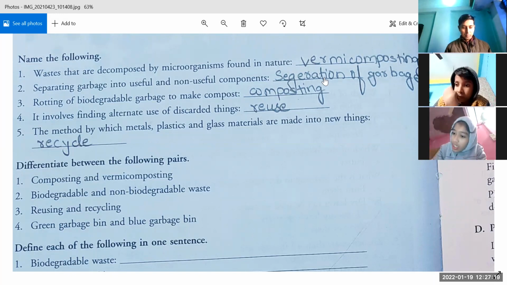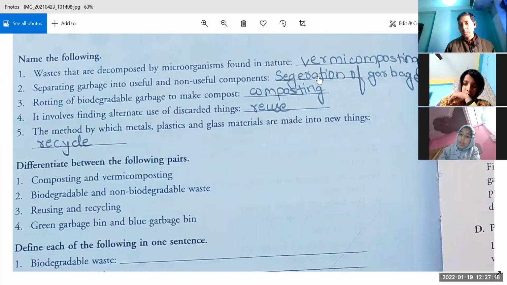Rotting of biodegradable garbage to make compost. Composting. Finding alternate use of discarded things, that is reuse.